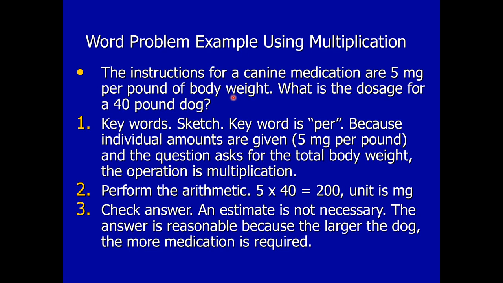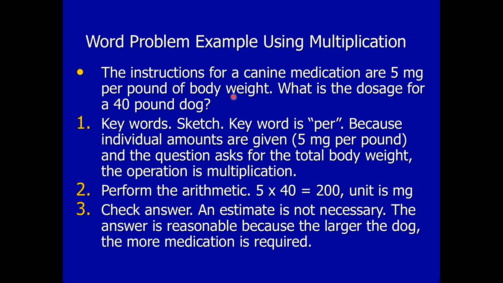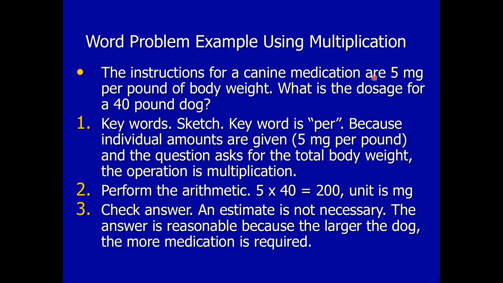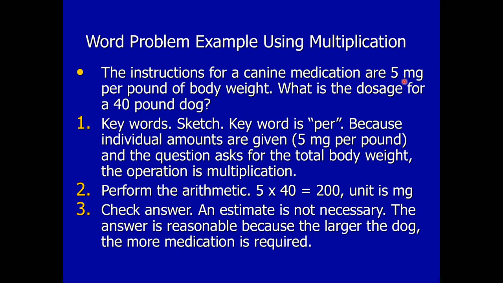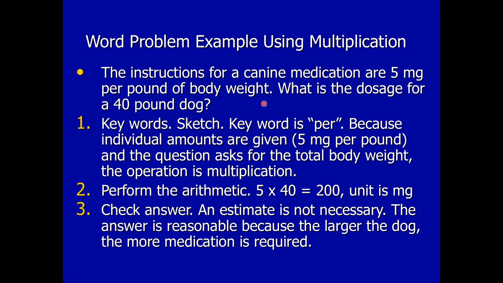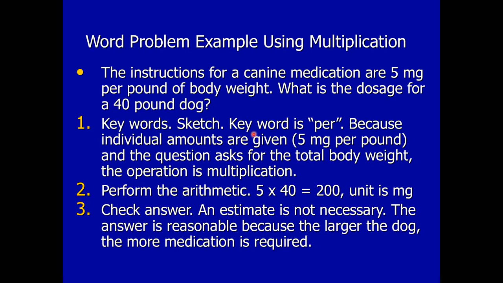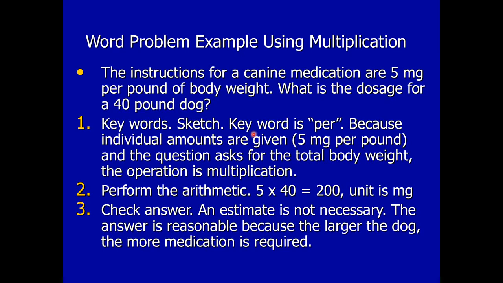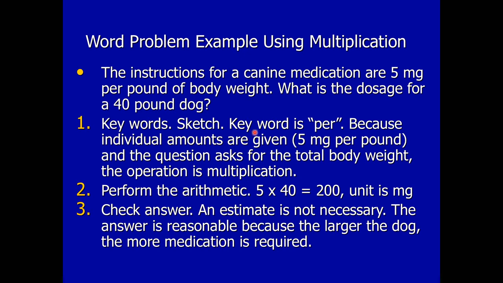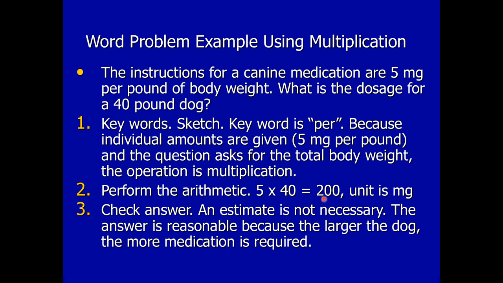You are given the required medication for 1 pound, which is 5 milligram, and you have to find it for 40 pounds. So just from the keyword per, you know that this is a multiplication problem because you are given the individual measurement of the medication, but you have to find the total medication required. So you do the math, 5 times 40, which makes it 200, and the unit is milligram, so the answer is 200 milligram.